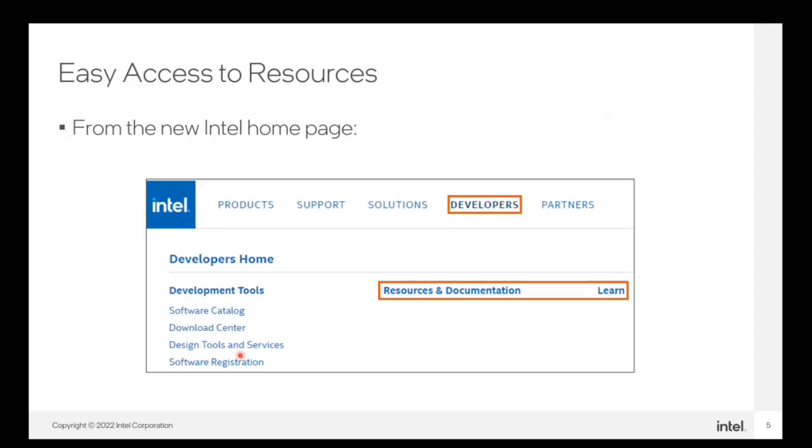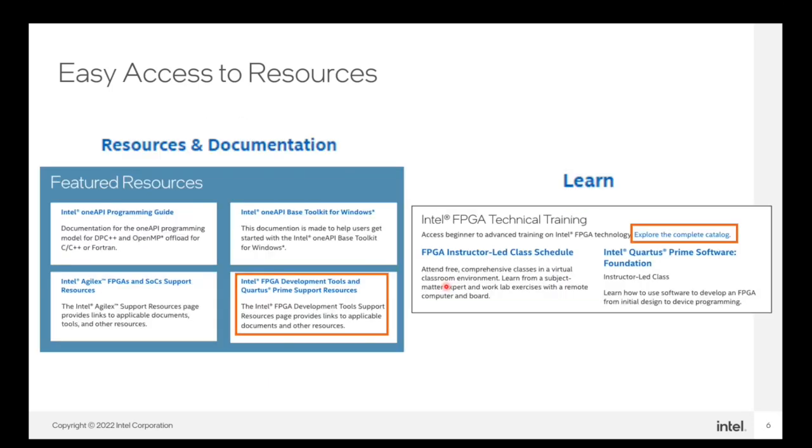All right, thank you, Steve, for that introduction. Okay, so first, just a couple slides, and we like to have these slides get people thinking about different things about the particular topic, and also as advertisement, just to let you know where resources are available. So here, easy access to resources, developers link. We have lots of documentation to access and peruse. There are development tools, Quartus Prime support resources.